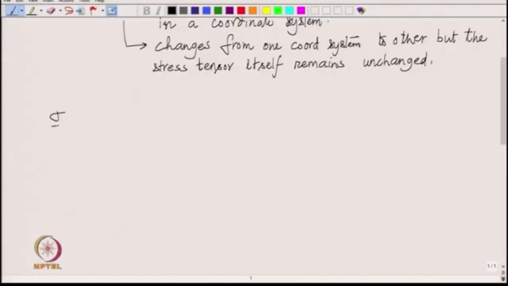So, sigma stress tensor for matrix I am going to put the big bracket. Big bracket means I am looking at the matrix form, and then I also write down which coordinate system. Let us suppose it is E1, E2 and E3. So, this is then equal to the 3 by 3 matrix which has 3 columns.